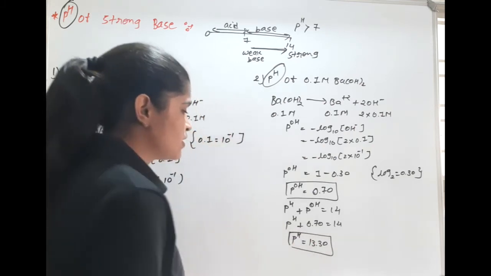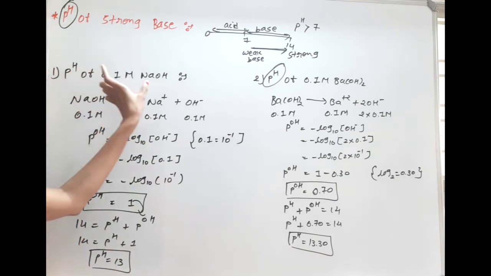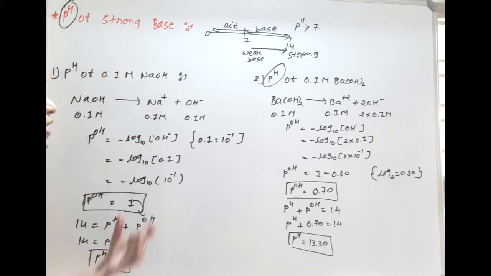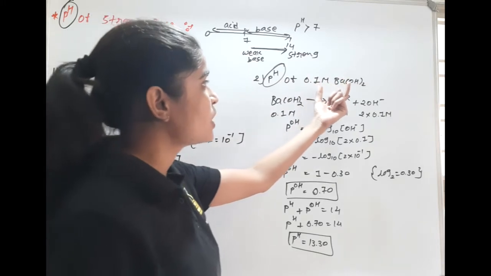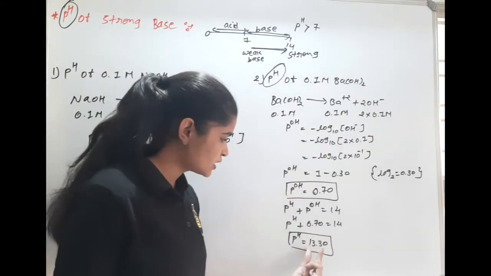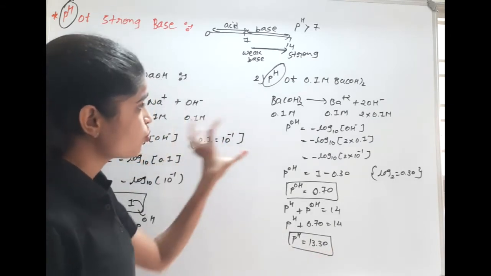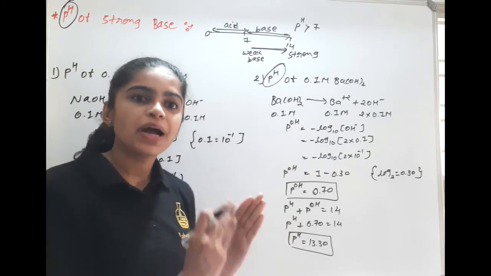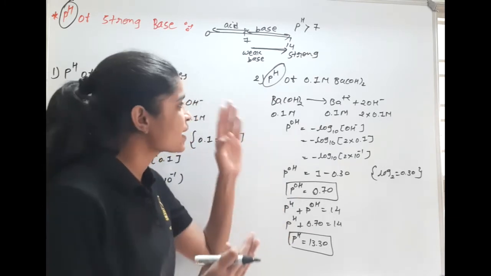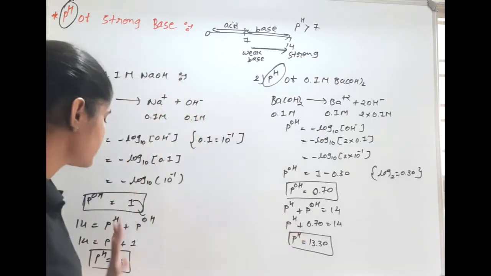So the pH of 0.1 molar NaOH is 13 and the pH of 0.1 molar Ba(OH)2 is 13.30. Both are strong bases, but the strength of Ba(OH)2 is greater because its pH is 13.30 compared to 13.